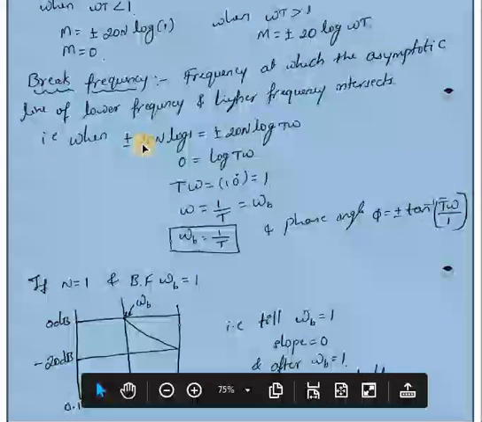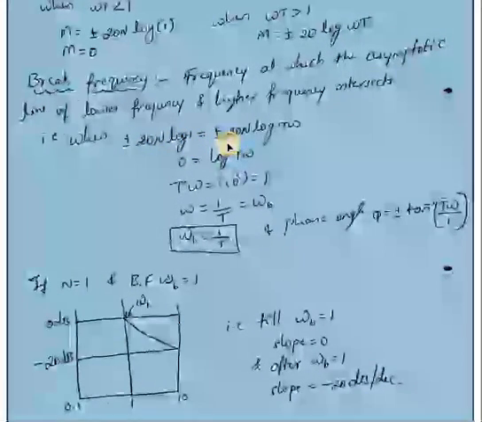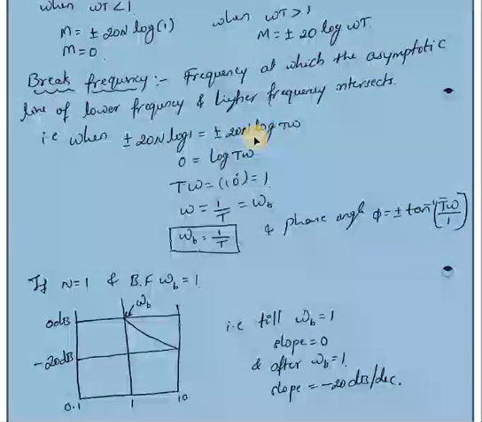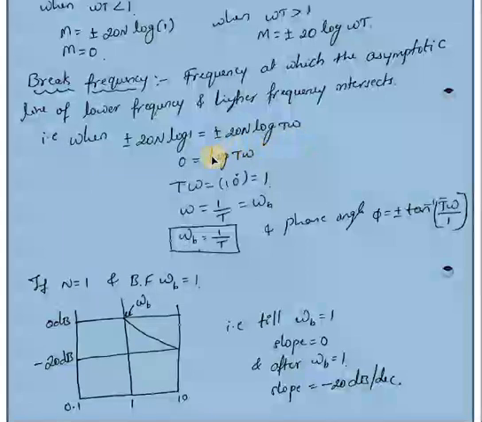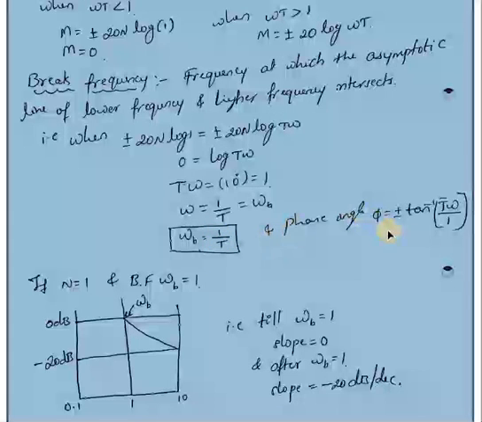That is, when the omega value is 1, 20n into log of 1 equals 20 plus or minus 20n into log of T omega. So from this we get the break frequency or corner frequency as 1 by T, and the phase angle is plus or minus tan inverse of T into omega divided by 1.